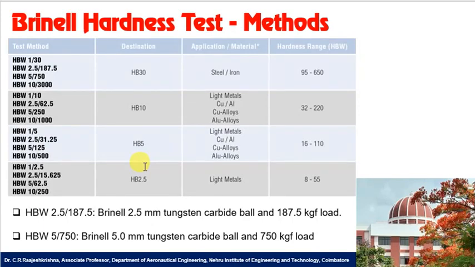HBW 2.5/187.5 means Brinell hardness with a tungsten carbide indenter of 2.5 mm diameter and a load of 187.5 kgf. Similarly, in HBW 5/750, W indicates a tungsten carbide indenter, HB means hardness Brinell, 5 indicates the diameter of the indenter, and 750 indicates the load used.